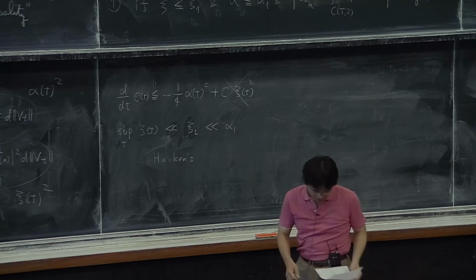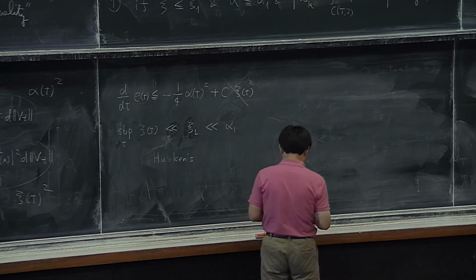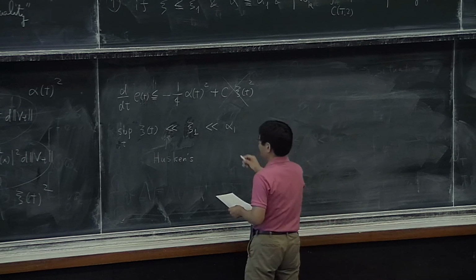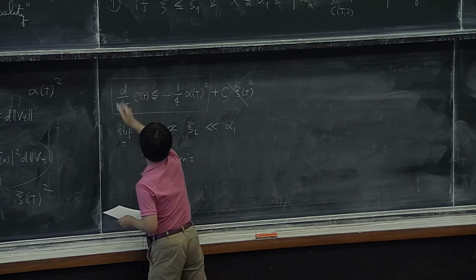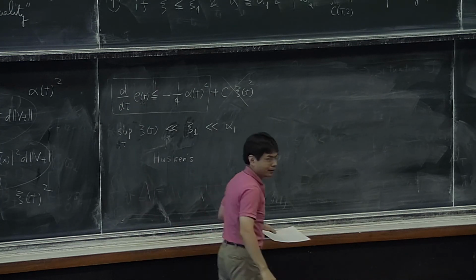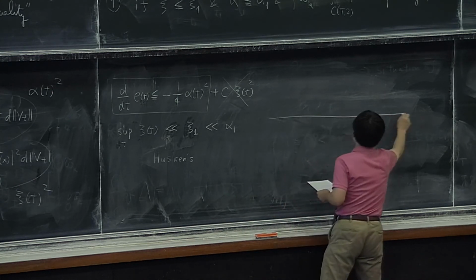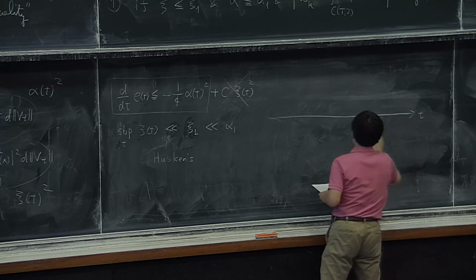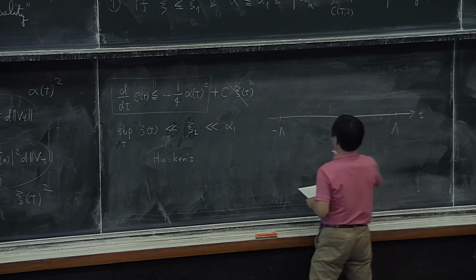And then it gets interesting. Note that all we have is this term now. It's very simple. And with that inequality, what can you do? So now let's say this is time. Here's minus lambda, that's the beginning, and that's the end.